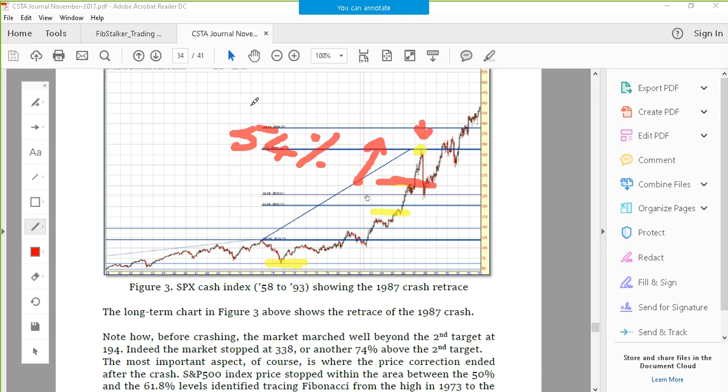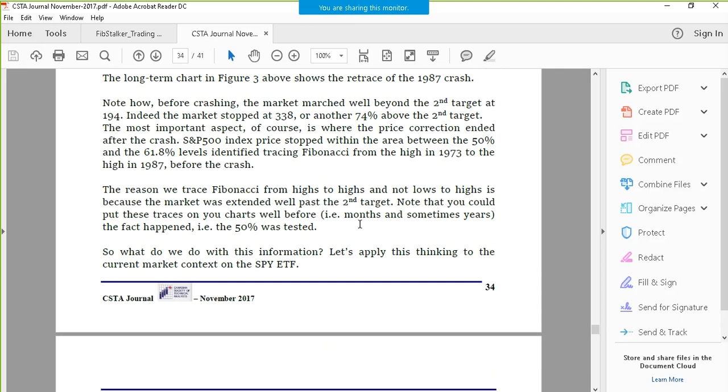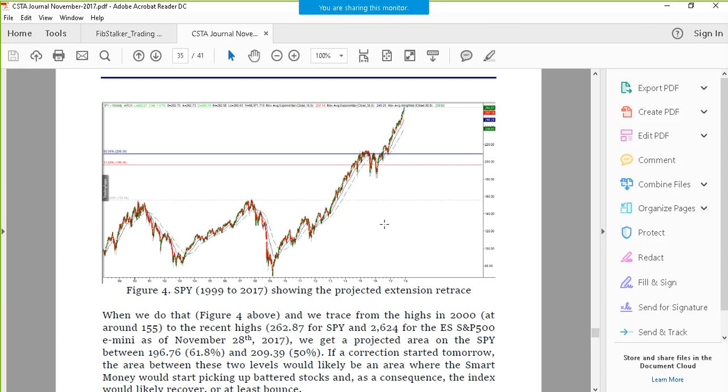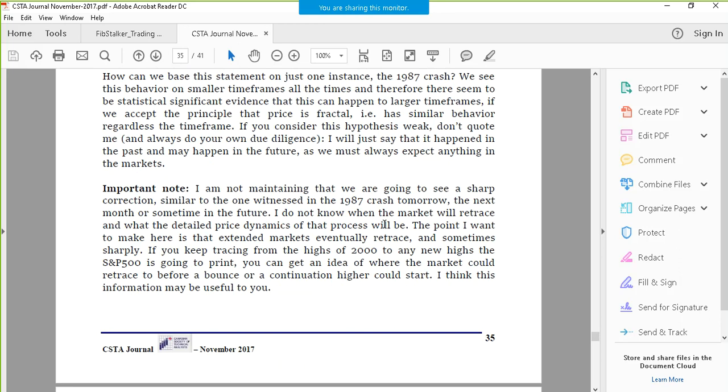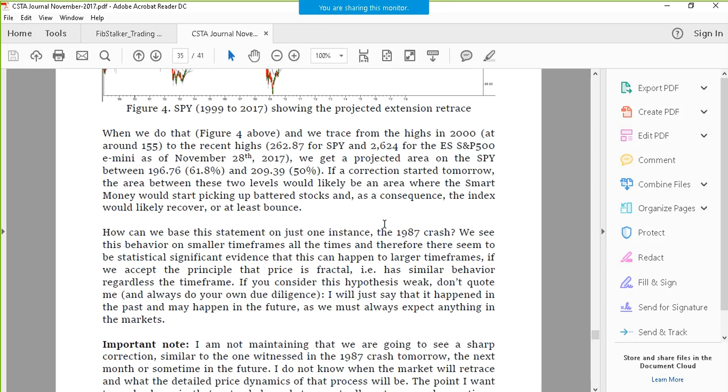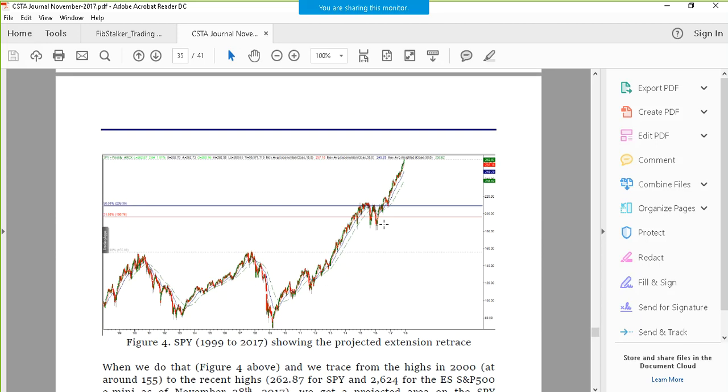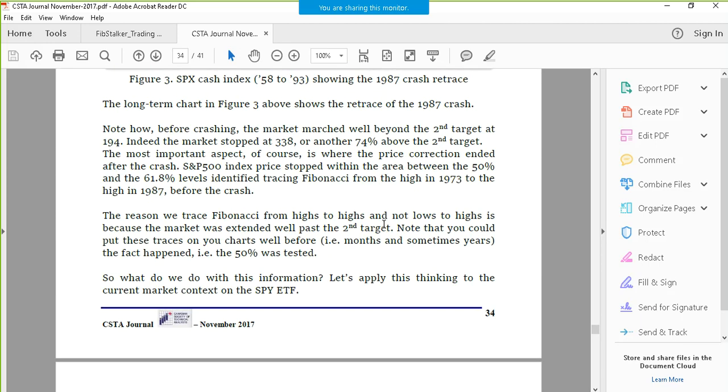If currently the SP500 is bottoming and starting another move higher, and we can never make the same assumptions, but let's say the market at the moment would go 54% above that second target, that would bring the SP500 into the 3800 level.